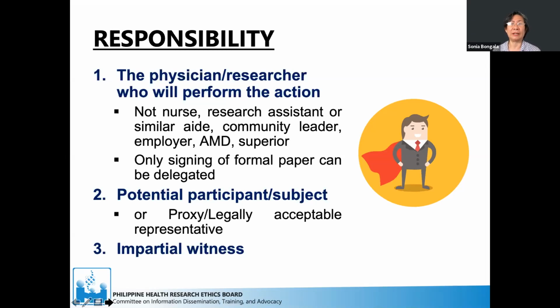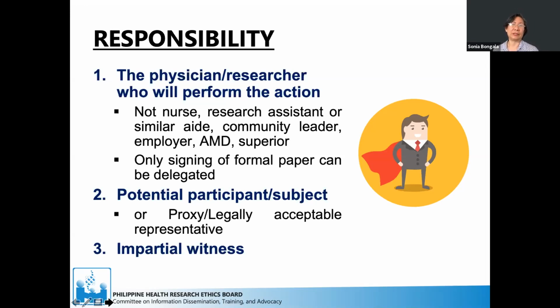If there's anything that can be delegated, it's just the formal signing of the paper after the process has been done. Like the explanation, the clarifications, or answering of questions, and being assured that the participant really understood what he was getting into.